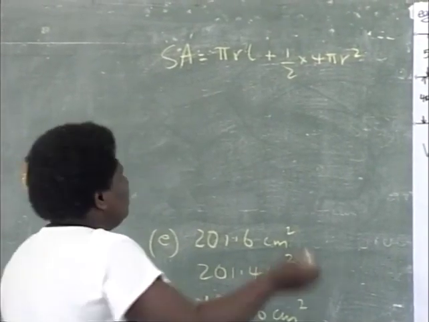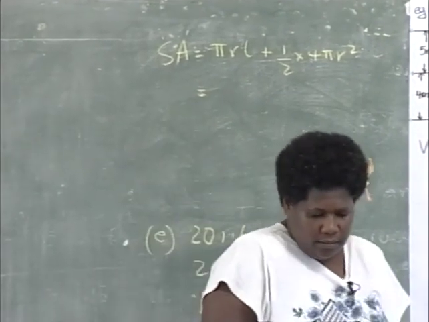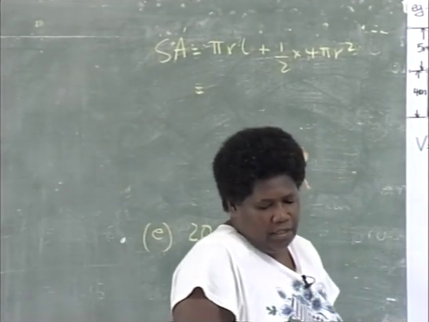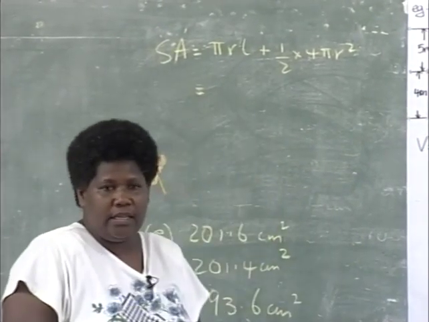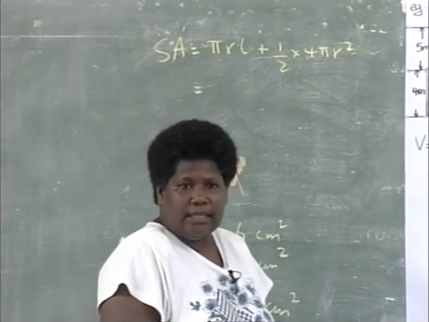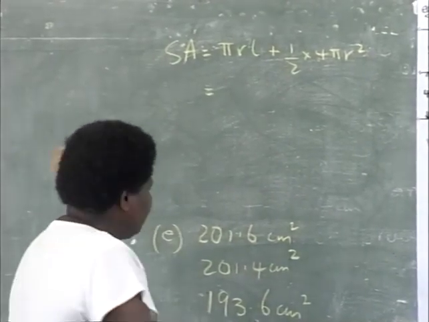Correct? Okay, so we are given the perpendicular height. We don't know what the slant height is. So we have to find the slant height using 3.5 and 10.